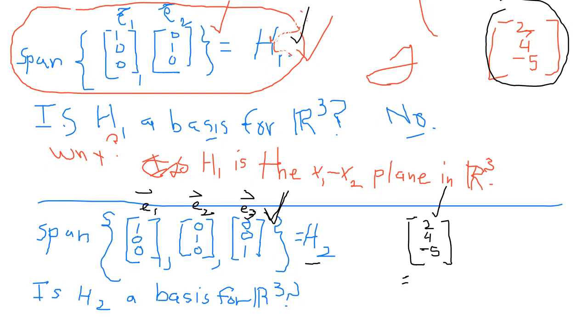That vector is going to equal something E1 plus something E2 plus something E3.